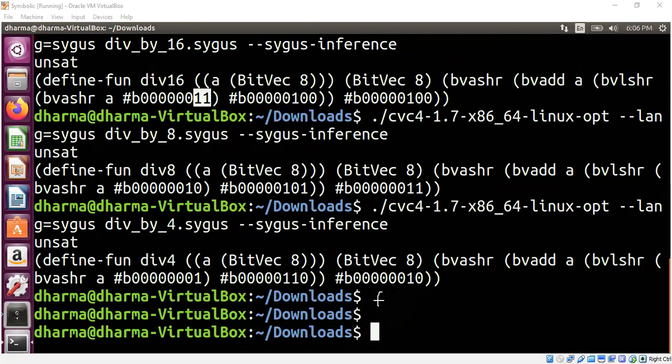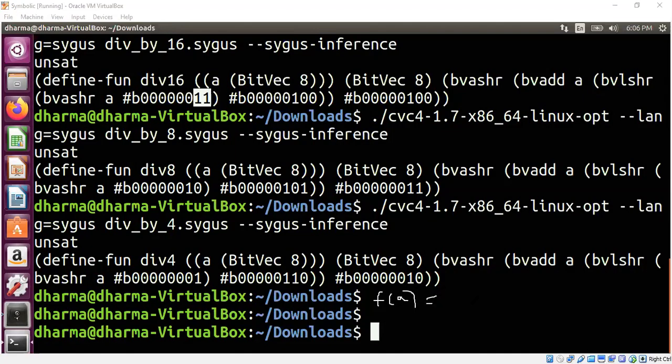If you want to compute a divided by 2 power k, in the innermost statement you're doing an arithmetic right shift. For 4 we are doing only 1 here.